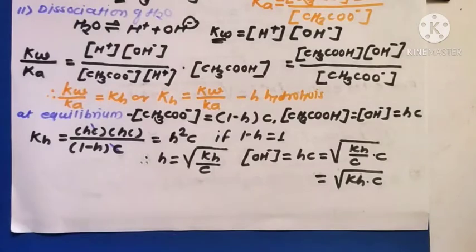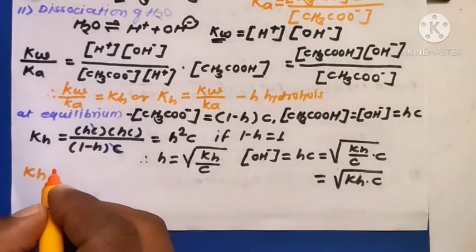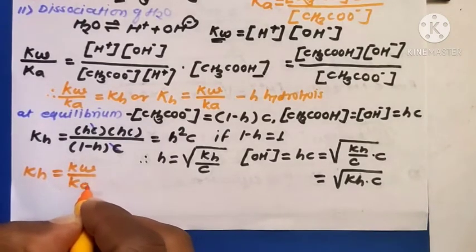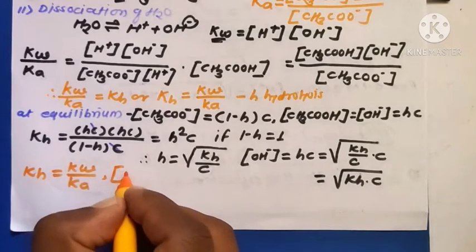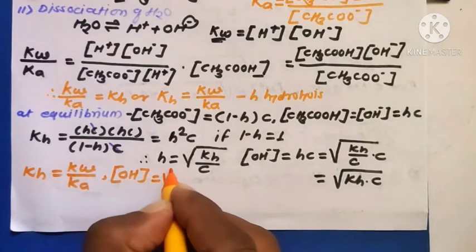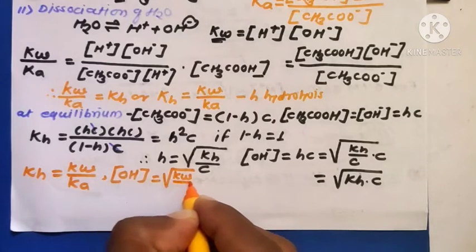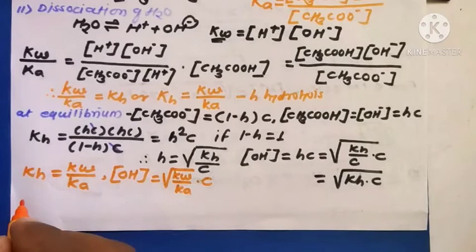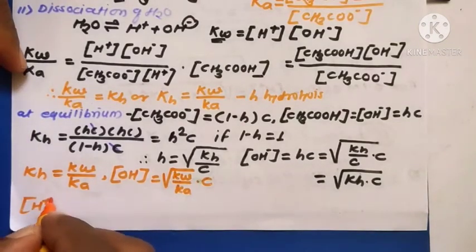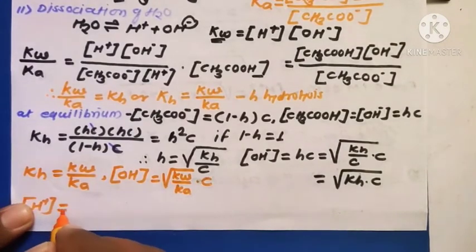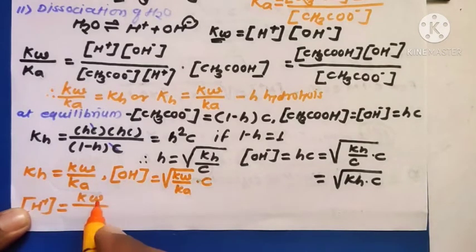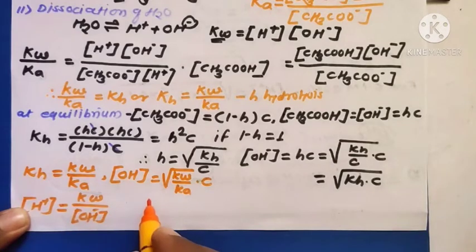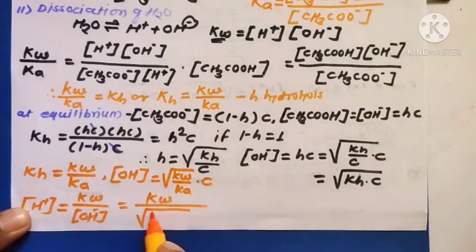Now Kh is equal to Kw upon Ka, and the concentration of OH is equal to under root Kw upon Ka into C. Therefore the concentration of H plus ion is equal to Kw upon concentration of OH minus ions, which is equal to Kw upon under root Kw into C divided by Ka.